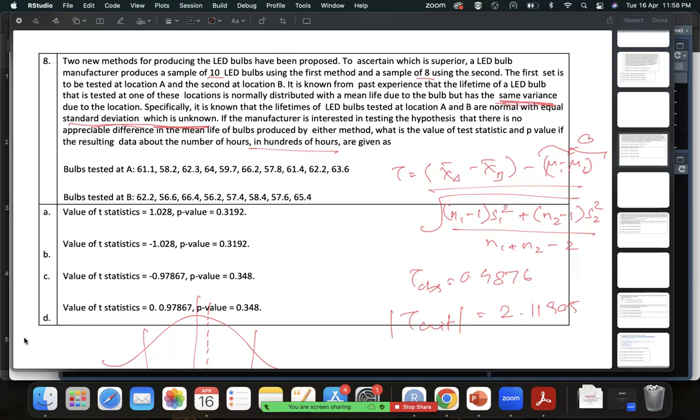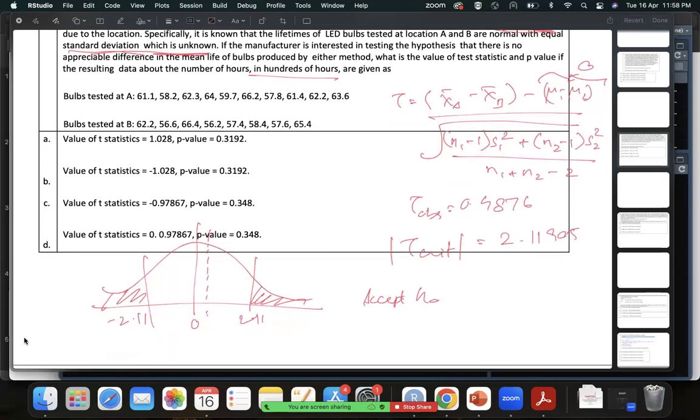But that is not the question. If you look at this, you accept H naught. One way is calculating T observed and comparing it with T critical; you can say whether to accept or reject H naught. The other way is to calculate your P value, which is your alpha.